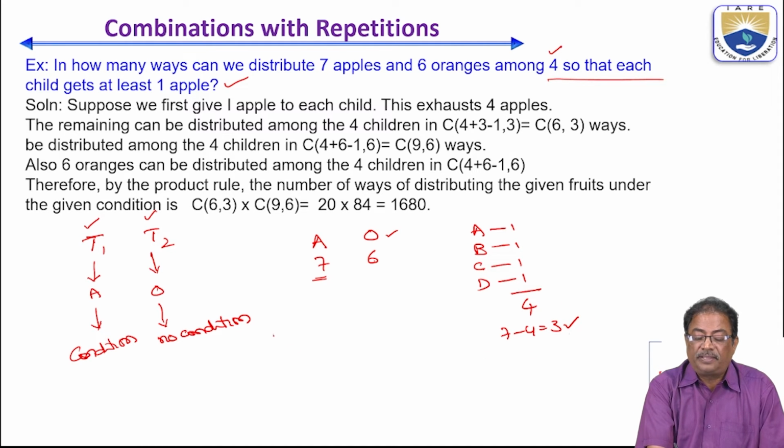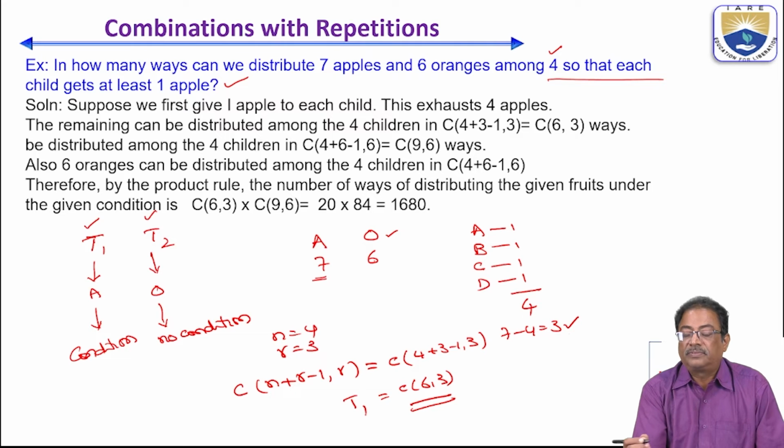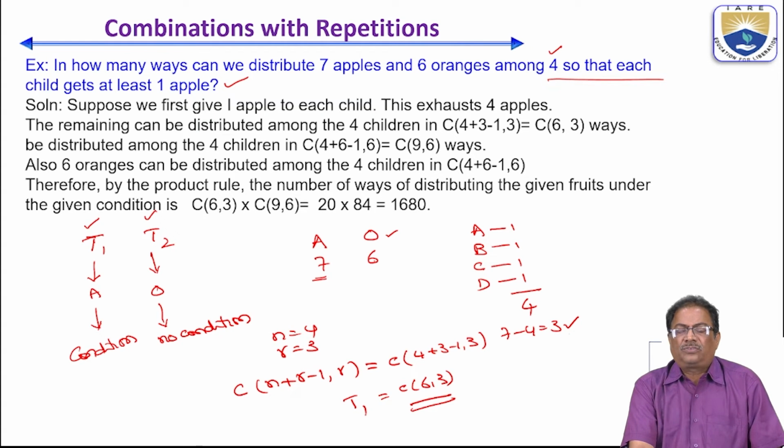So n is equal to 4, r is equal to 3. So the total number of distributions is n plus r minus 1 C r, which is 4 plus 3 minus 1 C 3, so it is C of 6, 3. This is task 1. And the next task has no condition.